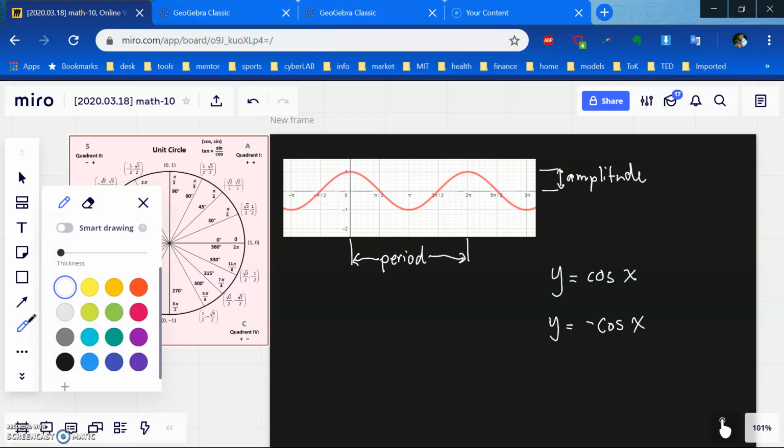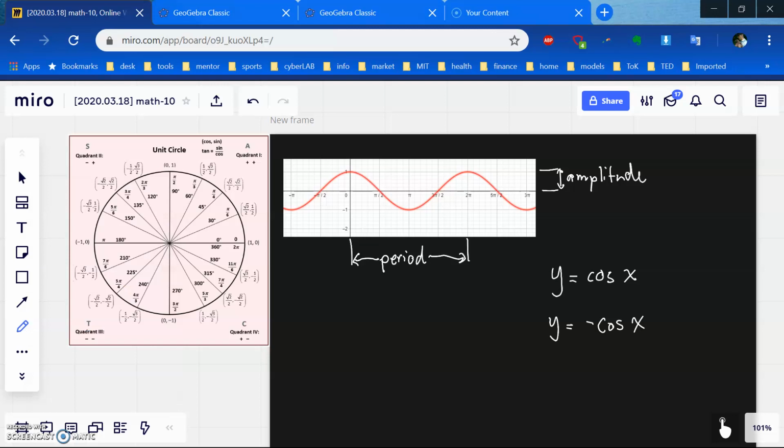So let me do that in purple. I would expect it to go down here and up here and then down here. So I'd expect it to go something like this. So minus the cosine of x.